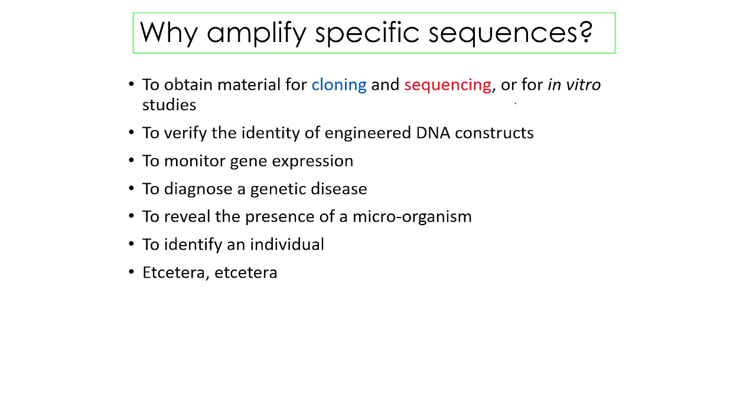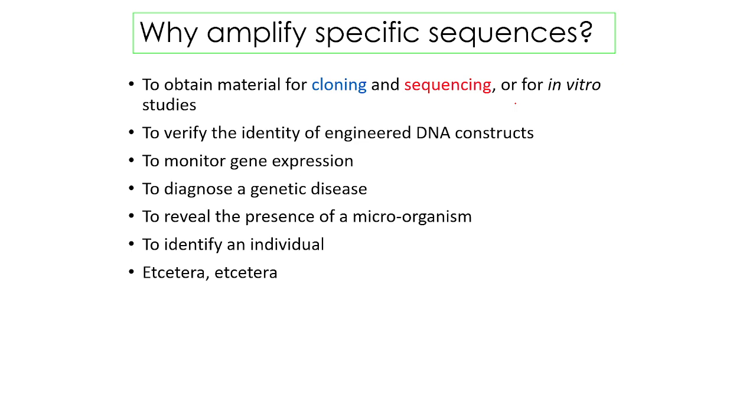If so, then what is the disease, and under what kind of mutations is such a disease occurring. So it is also important, for that we need to amplify the specific sequences. Also, if we have to verify the identity of the DNA constructs which we have engineered in our laboratories, for that we need it.